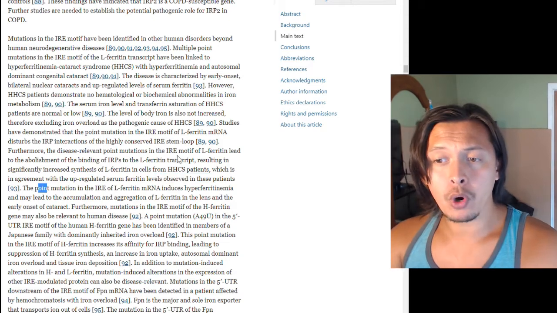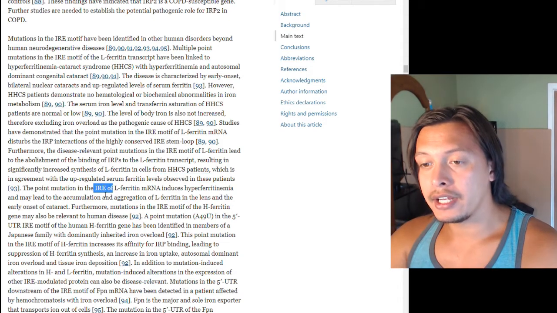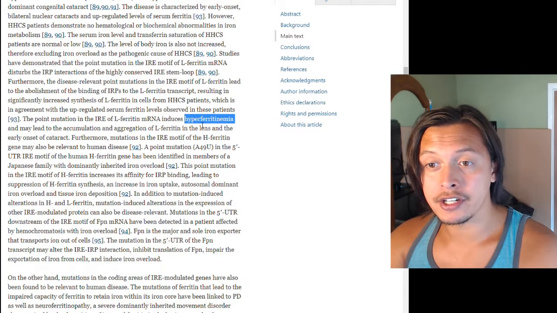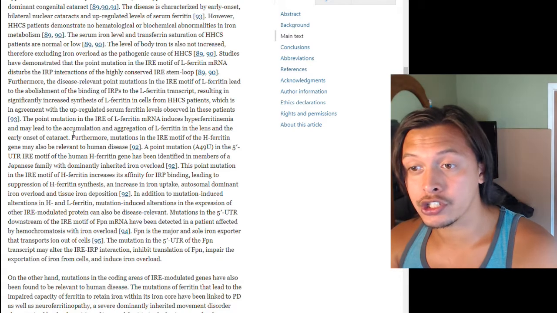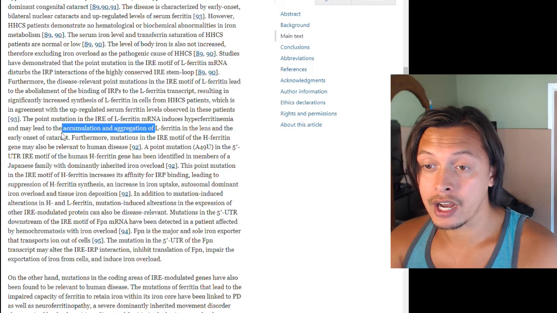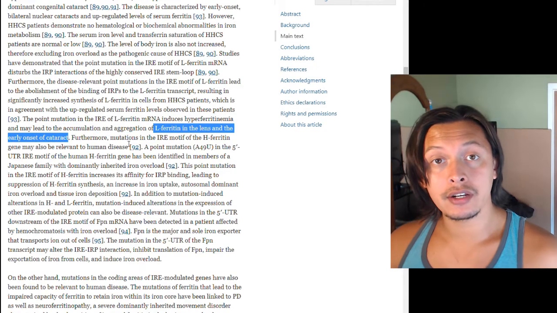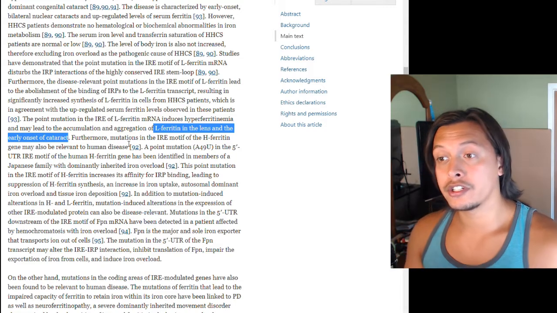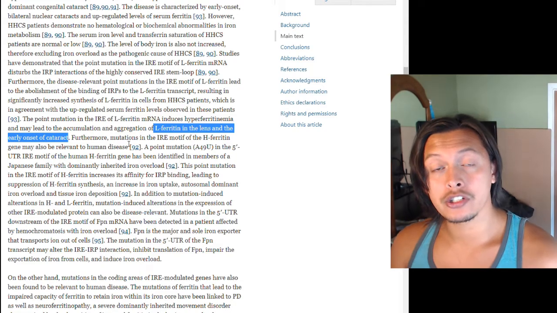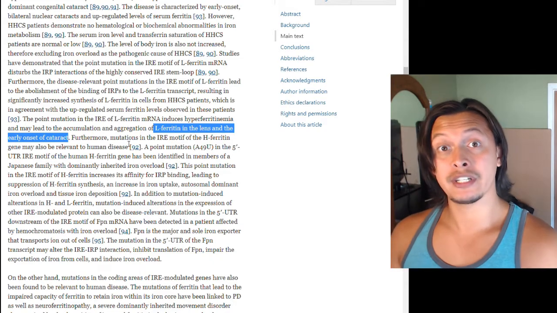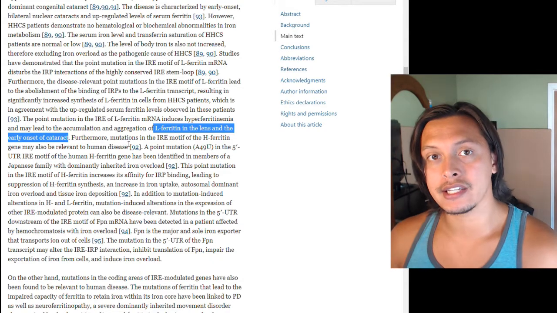Okay, so the point mutation of the iron response element of L-ferritin mRNA induces hyperferritinemia, so having way too much ferritin in your blood, and this may lead to the accumulation and aggregation of L-ferritin in the lens and early onset of cataracts. So what is happening here? The ferritin is going to be upregulated so much that its concentrations are high enough that it can start to precipitate out of solution, and it precipitates in aggregates.